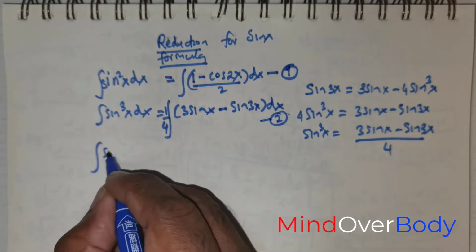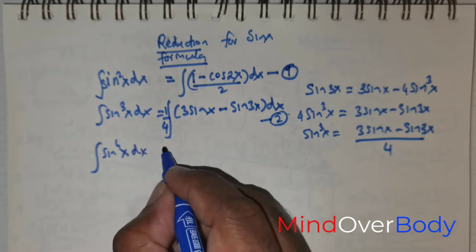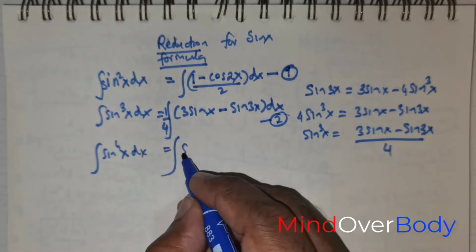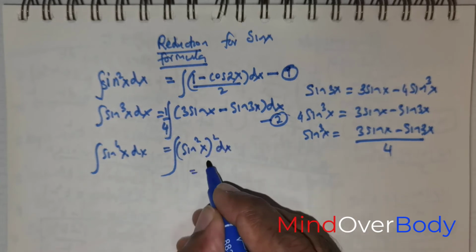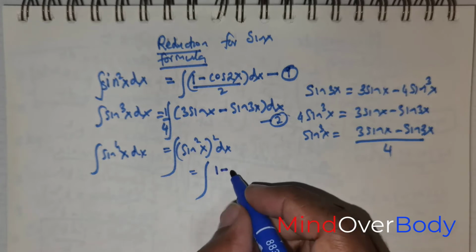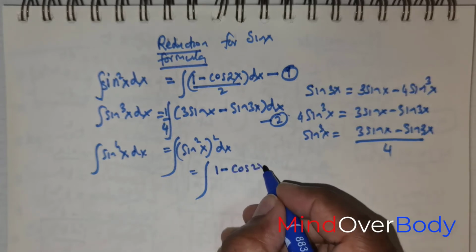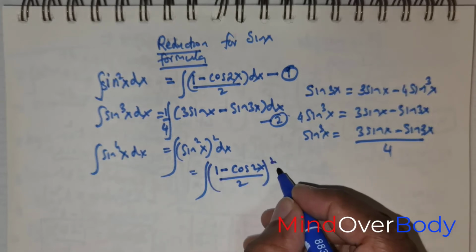Now imagine you are asked to integrate the integral of sine to the power of 4 x dx. I can rewrite this as (sine squared x) squared dx. Then I can rewrite sine squared x as ((1 − cos 2x)/2) squared dx.